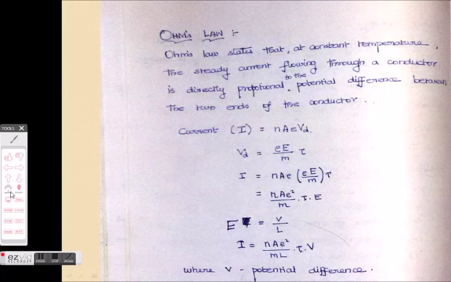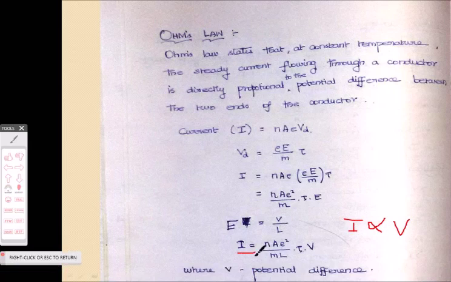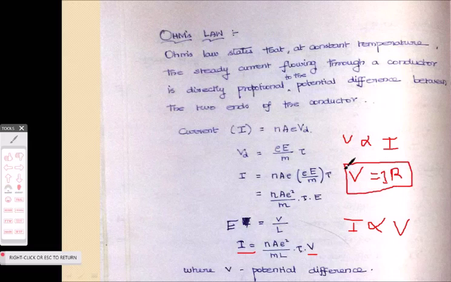See, I is directly proportional to V. So V is directly proportional to I. To remove the proportionality sign, we have to introduce a constant called the proportionality constant R, so V is equal to IR. This is the equation you have studied in your 10th standard. V is equal to IR.